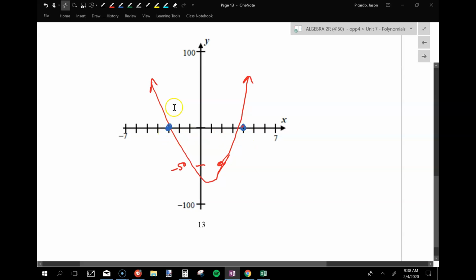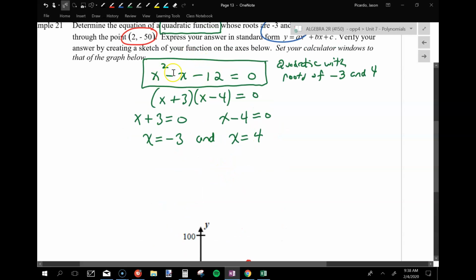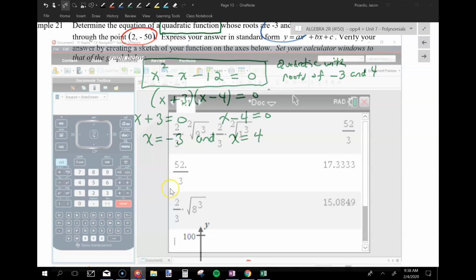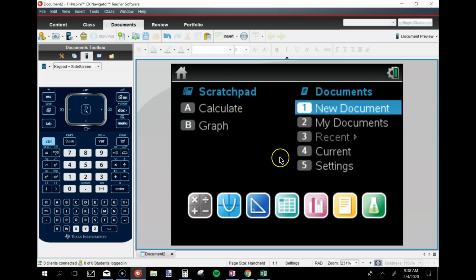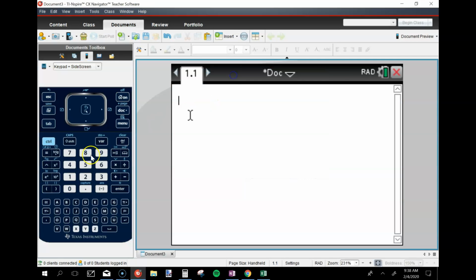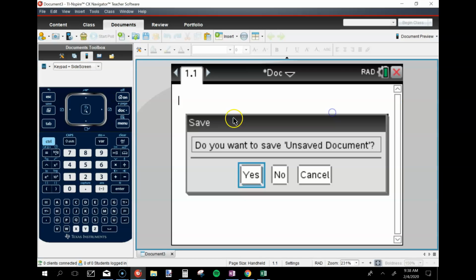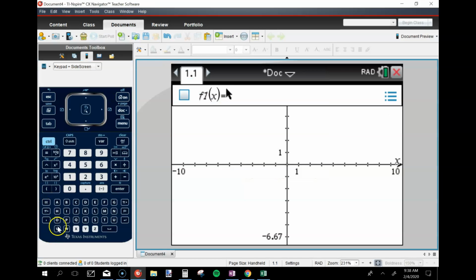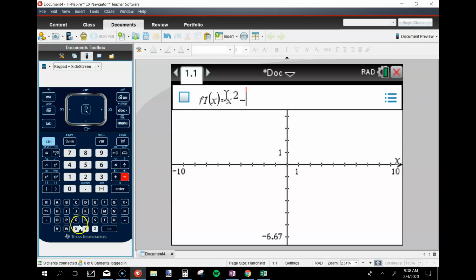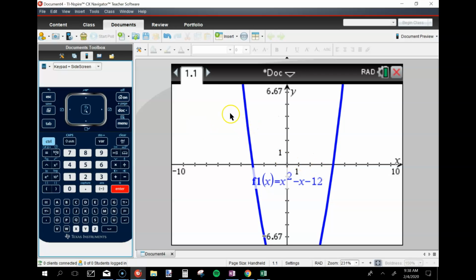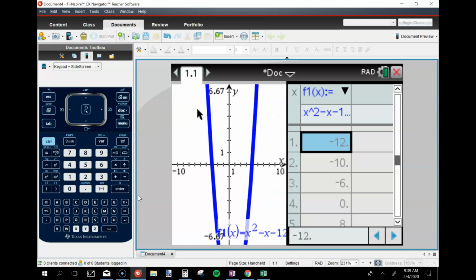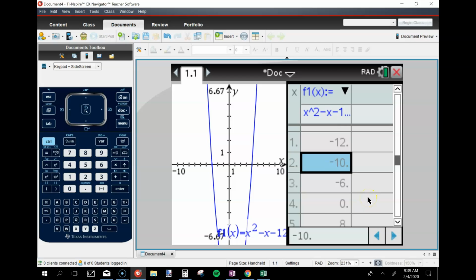Do I know for a fact, guys, that this quadratic goes through this point? Do I know that right now? You think Gavin's shaking his head no. In fact, if I take x squared minus x minus 12 and I go to the table, where am I at 2?